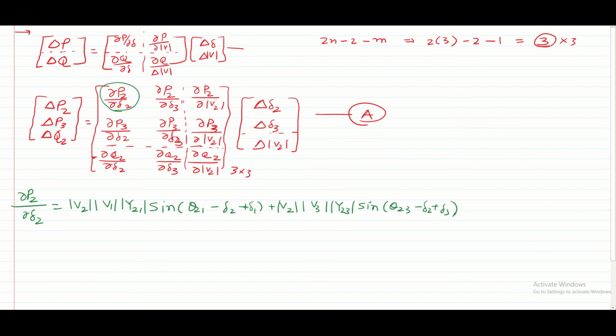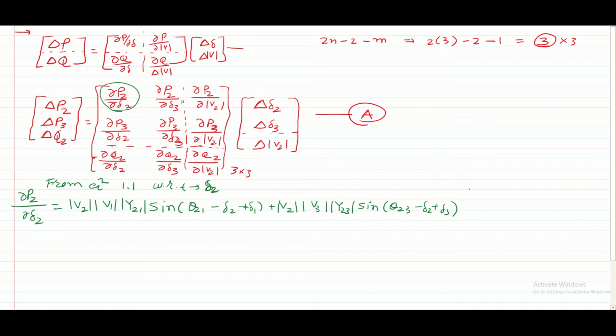So you will get this final equation after differentiating equation number 1 with respect to delta 2, the first element of the Jacobian matrix.